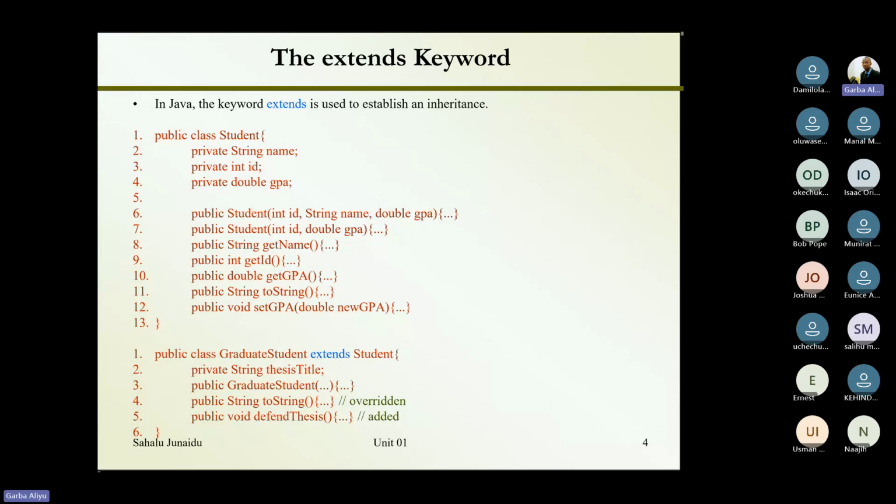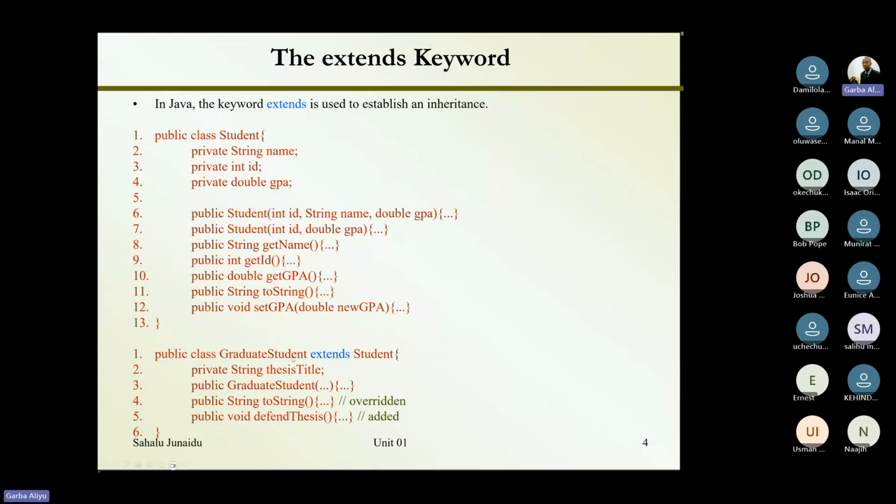But if it is public, it can be used by anyone. Of course, if it can be used by anyone, you are making it so porous that security cannot be guaranteed. This is one of the good things, encapsulation, that Java provides in order to hide things that are not relevant, to make sure that security is enforced.